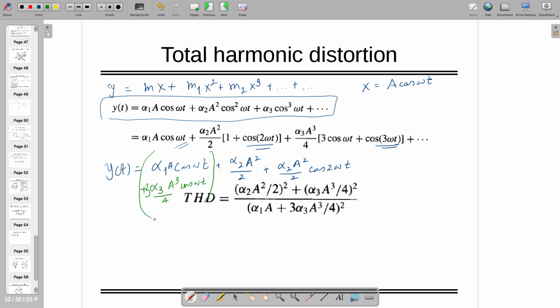This is one equation. And alpha 3 a cube by 4 cos 3 omega t.